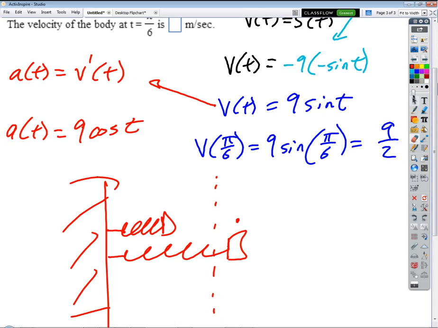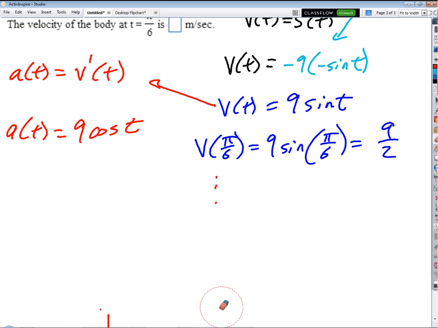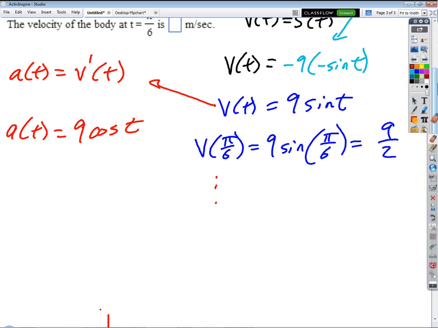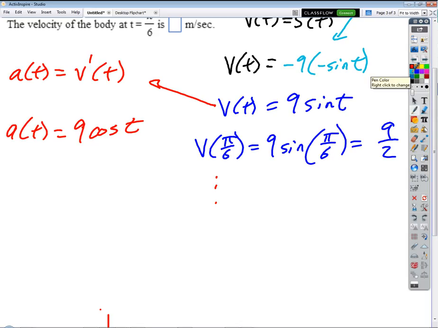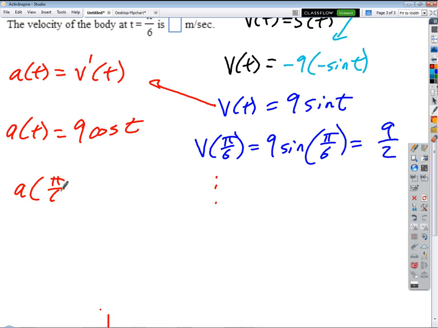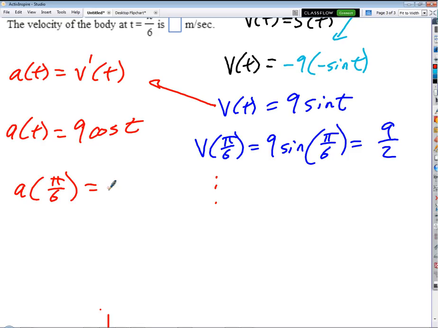Okay, so if we want to just finish this question, we didn't answer the very last part, which is what is the acceleration at t equals pi over 6. So a of pi over 6 would just be what? Cosine of pi over 6 is square root of 3 over 2.